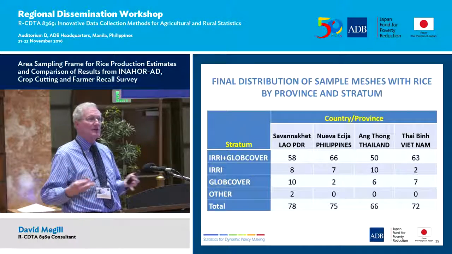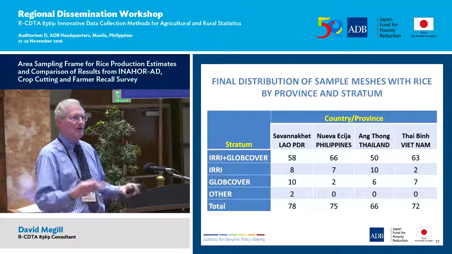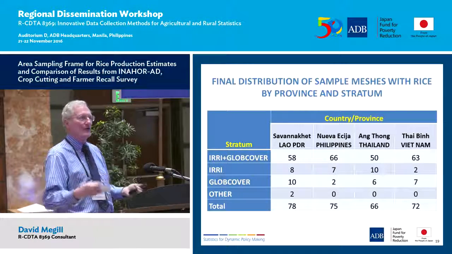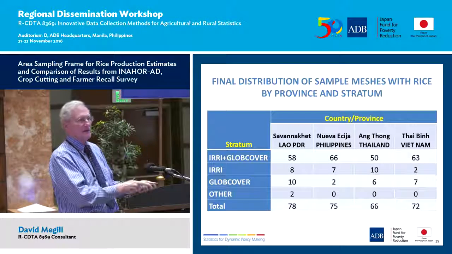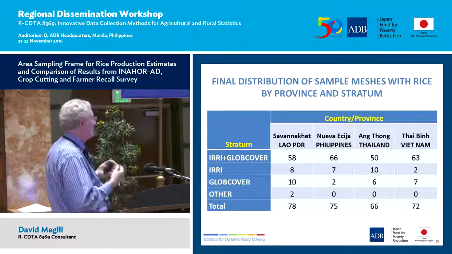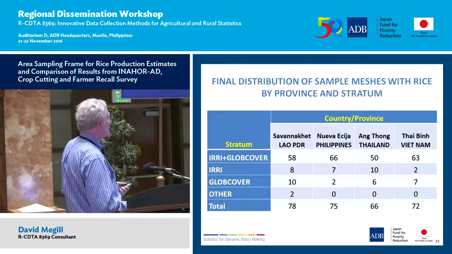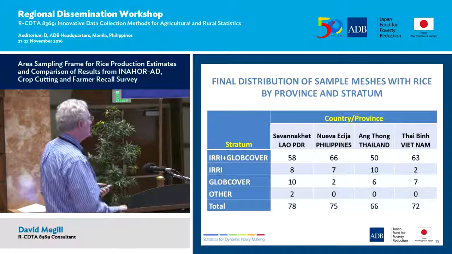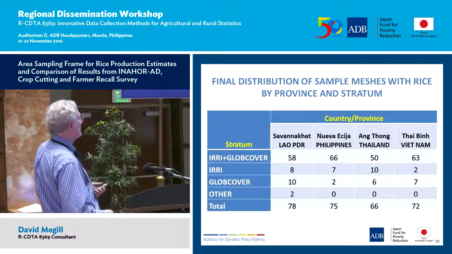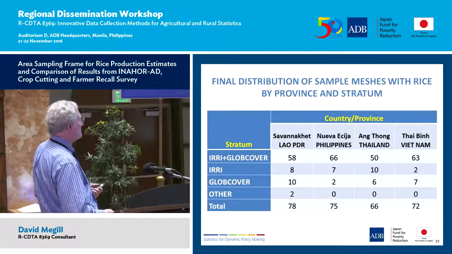So you see, just because it's stratified as having rice doesn't mean that when you go there, you will actually find rice planted in that season. It could be that that particular season is fallow. It could be that they converted the land use. There could be different reasons for that. And the results varied a little bit by stratum, but by province.